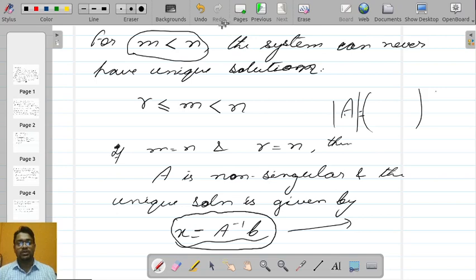So for the case when the number of equations is strictly less than the number of unknowns, can we find a set of solutions where the solution looks like this, x equal to B inverse B? Can we find a submatrix out of A such that the solution can be written in this form? That solution is called a basic solution.